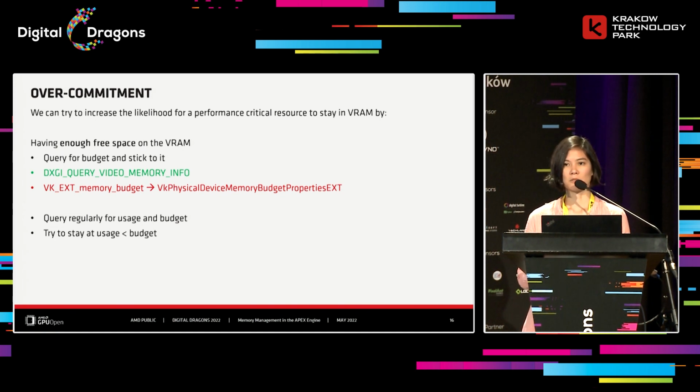So good practice is to regularly query for the available budget. This can change depending on how many other applications are running at the same time. So you should regularly query for the budget and also query for the usage, and try to keep the usage always lower than the available budget. And there are specific API calls for that in both DirectX 12 and Vulkan.